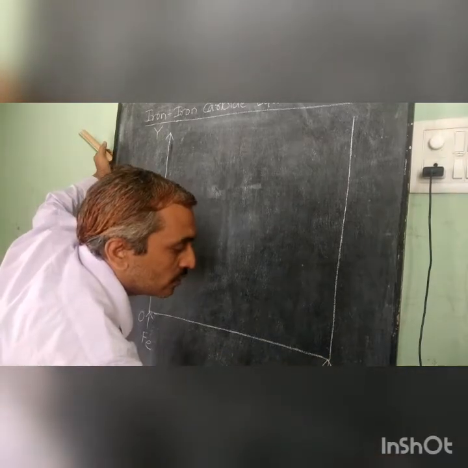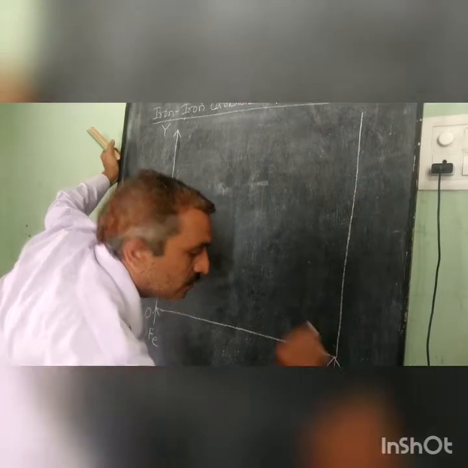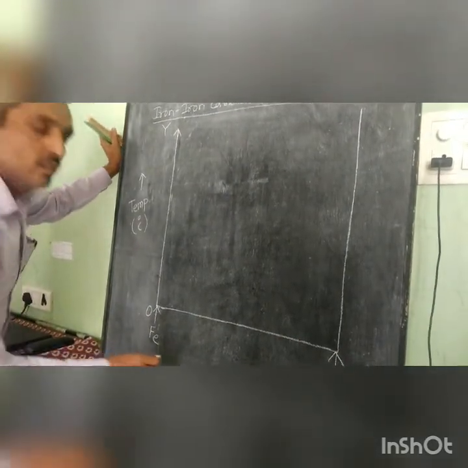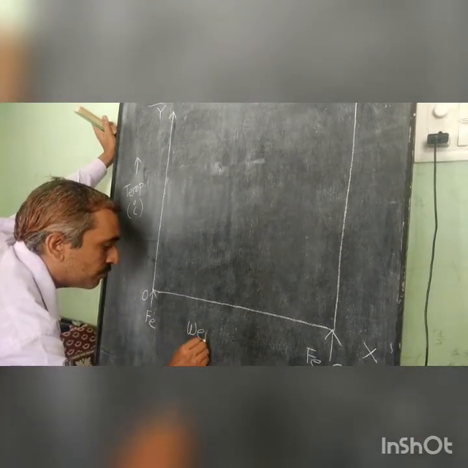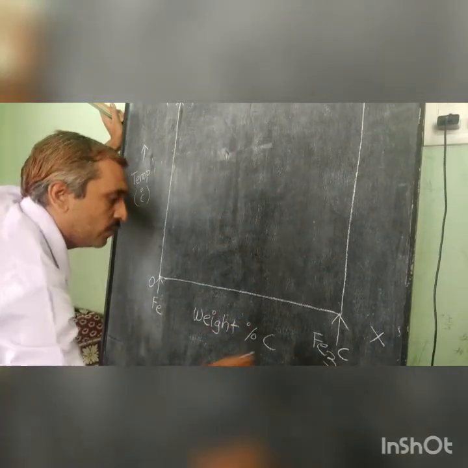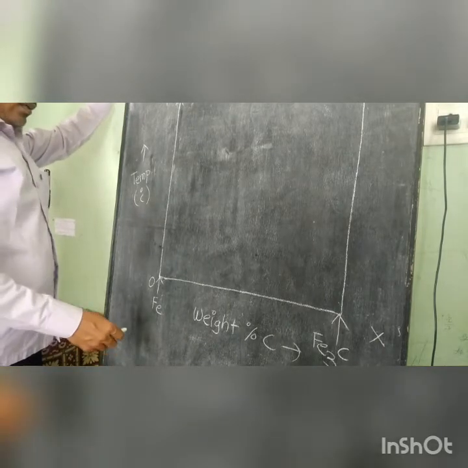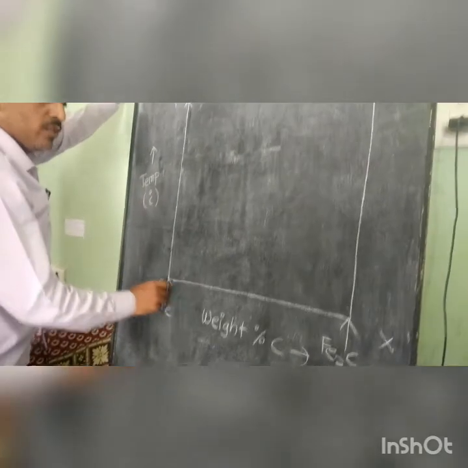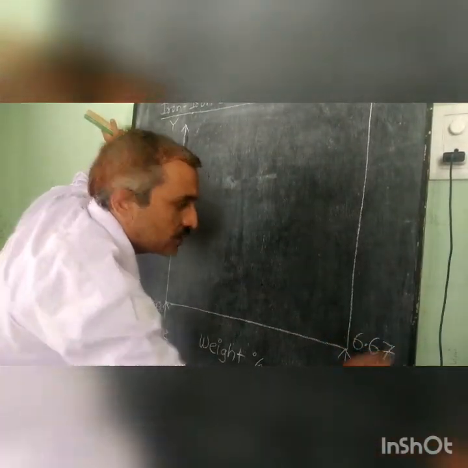This one is Fe3C. Along the x-axis we have weight percent carbon: 0% carbon here, and 6.67% carbon here.